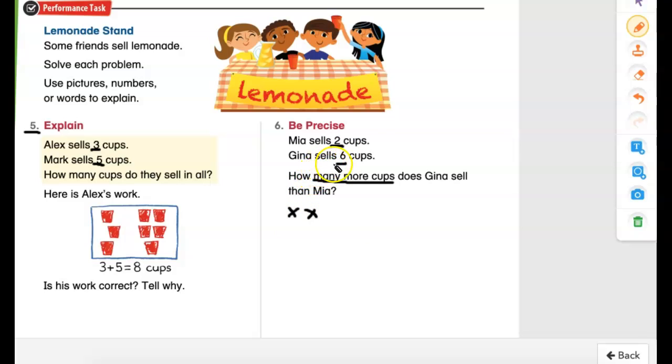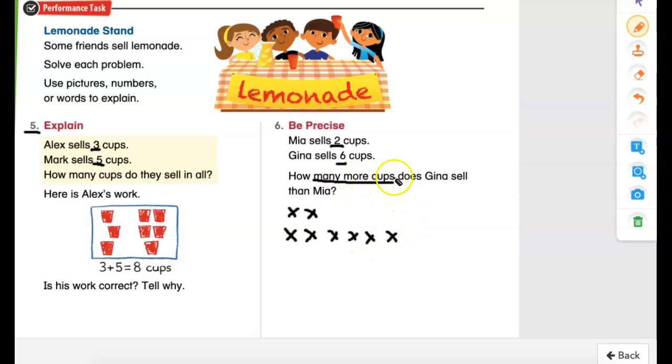And Gina sells 6 cups. So I'm going to write 6 marks below that. 1, 2, 3, 4, 5, 6. So if Mia has 2 cups, Gina has 1, 2, 3, 4, 5, 6 cups.